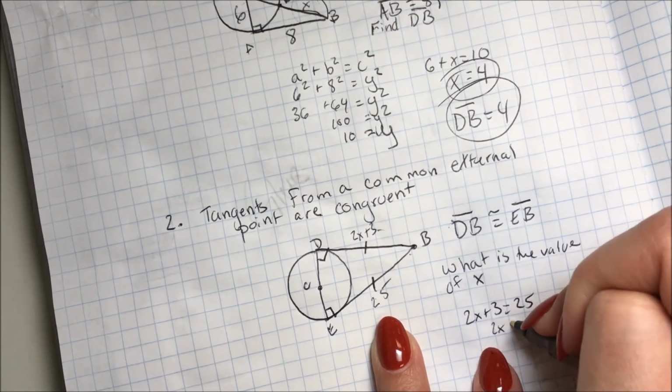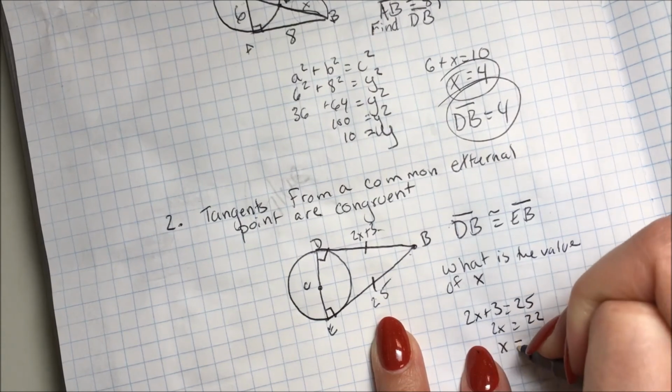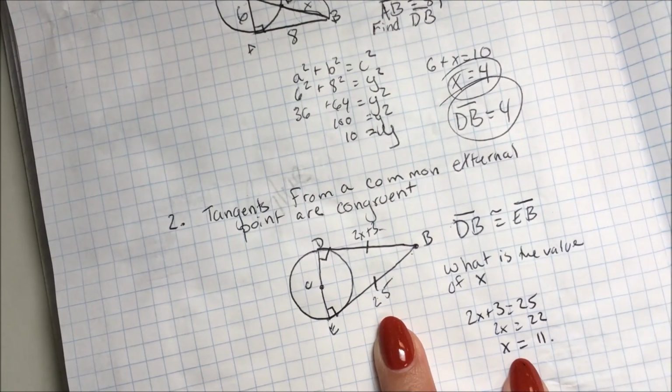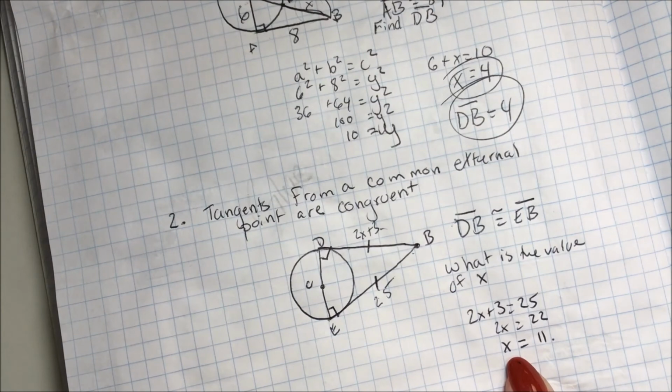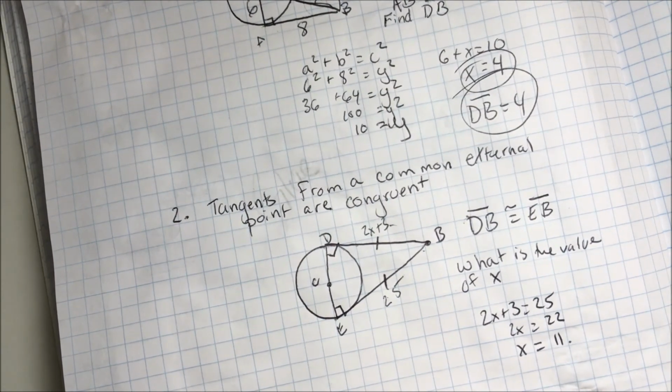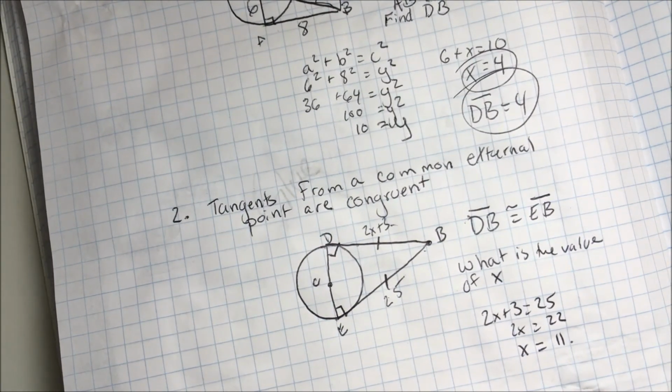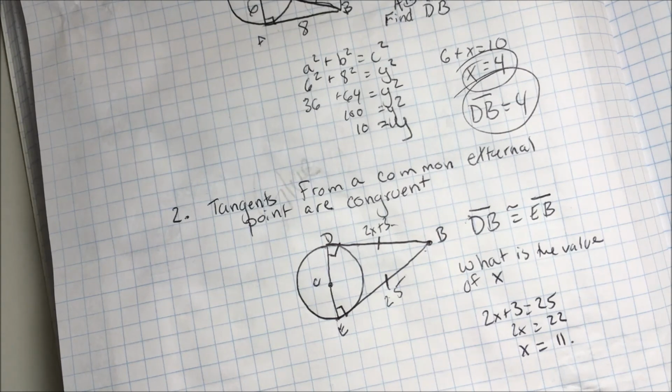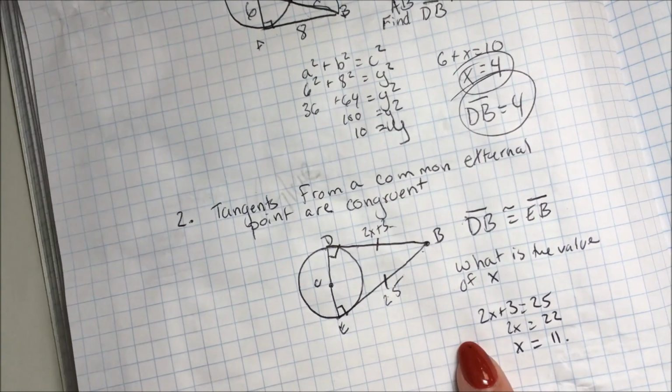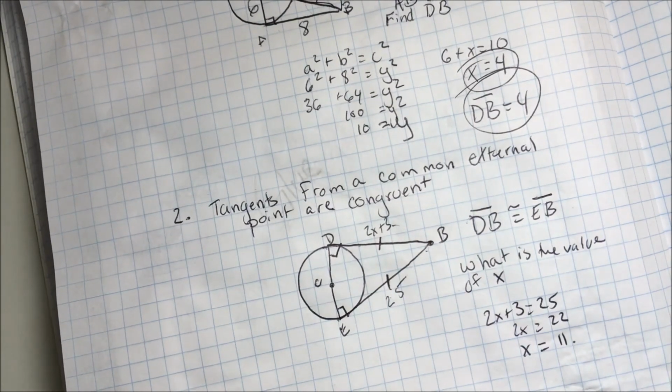So 2x is 22 and x is 11. So I could also use tangents this way. So using these two facts, that a tangent is perpendicular to the radius and that tangents that meet at an external point are congruent, I could do something like this. So these are the two rules we kind of follow with tangents.